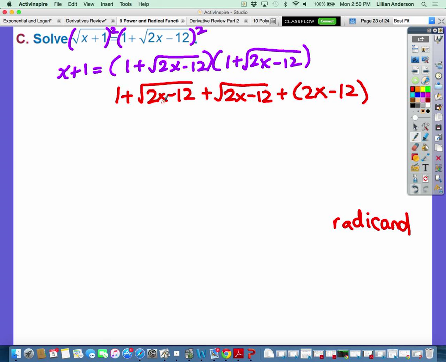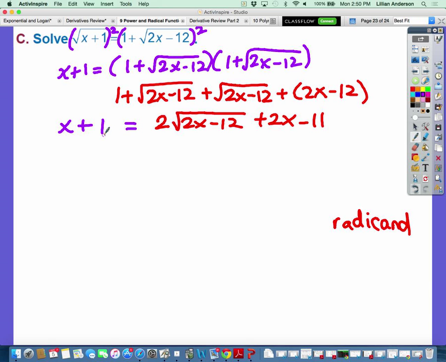So to add these two together, all we do is add the numbers on the outside. So this is a 2 square root 2x minus 12. Then we'll still have that 2x minus 11. And all of that equals x plus 1.